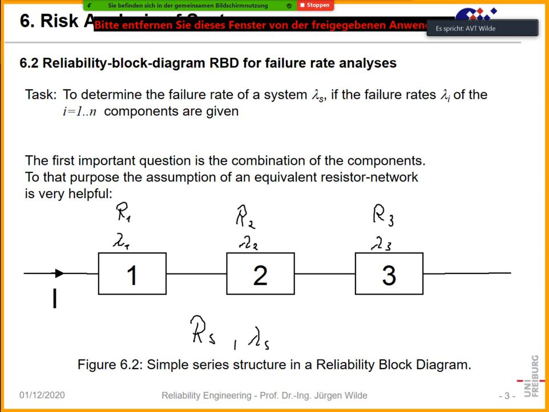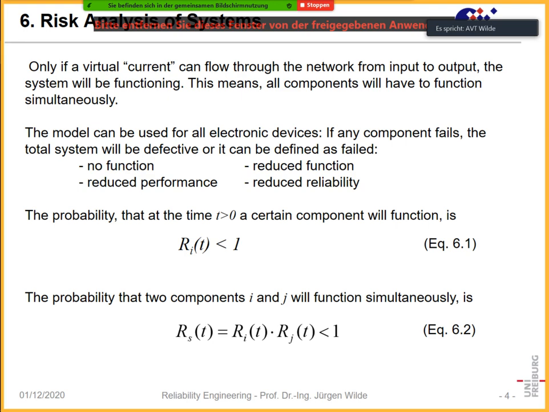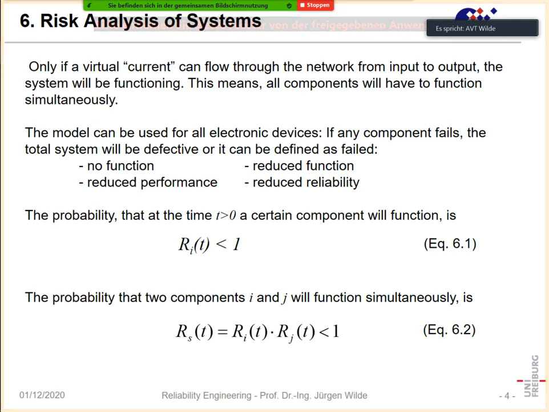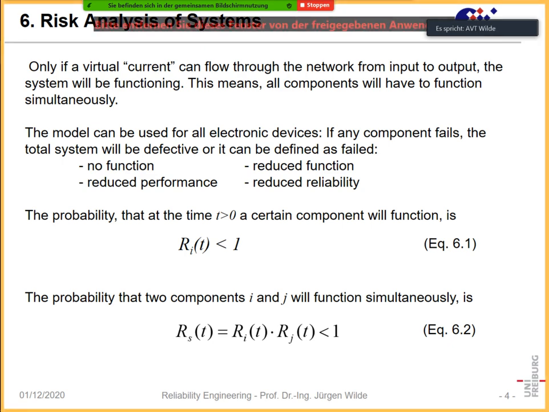And that means we must have an idea how we can compute this. And again, one possible description is the reliability probability or survival probability, which is just 1 minus the failure probability.